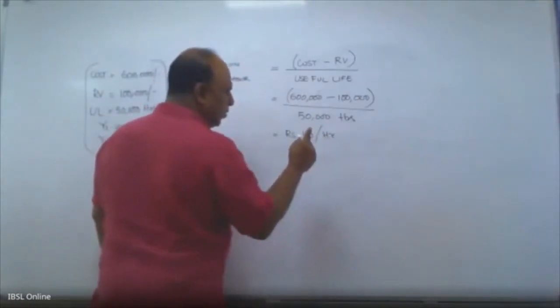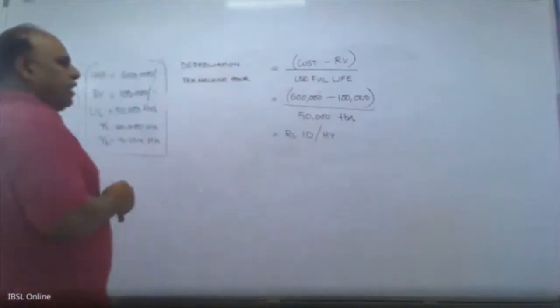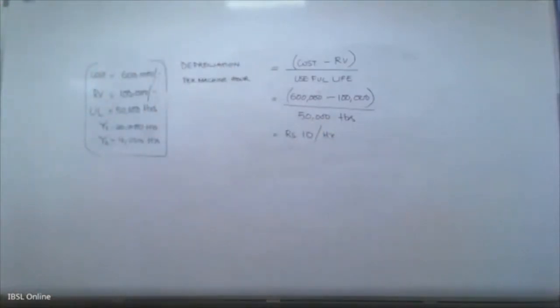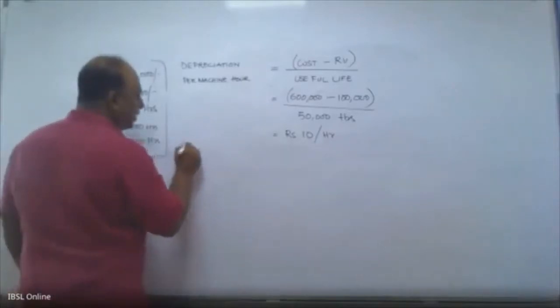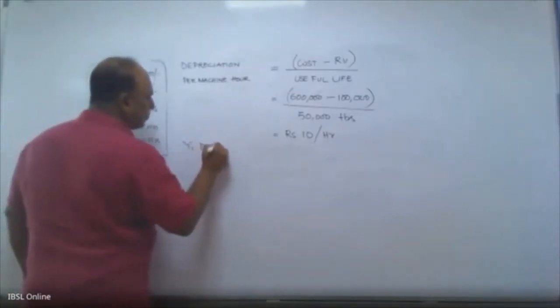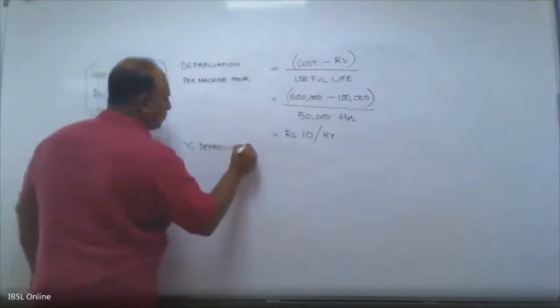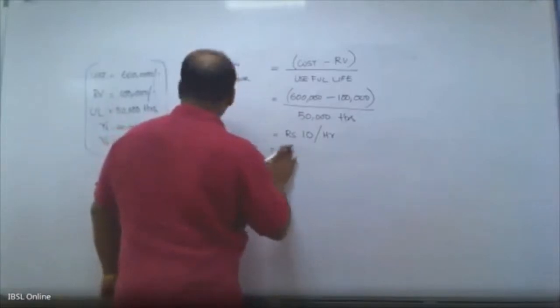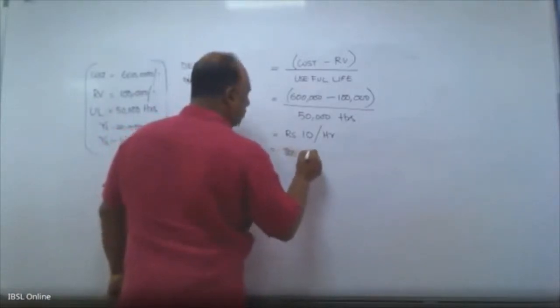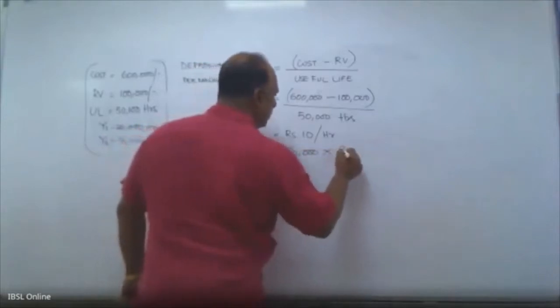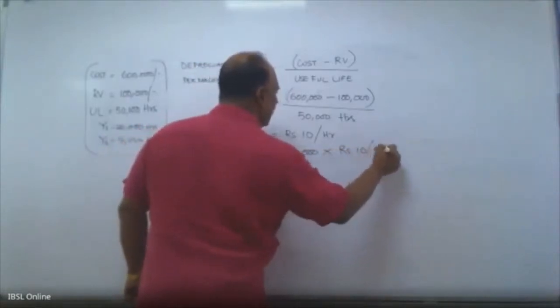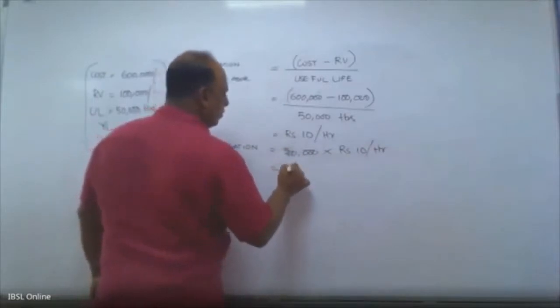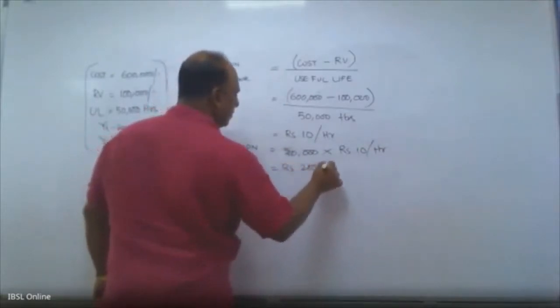So likewise, every financial year you have to see what is the number of hours this machine is going to be used. So accordingly, the year one depreciation would be, sorry, you have used 20,000 hours into 10 rupees per hour, which will give you rupees 200,000.